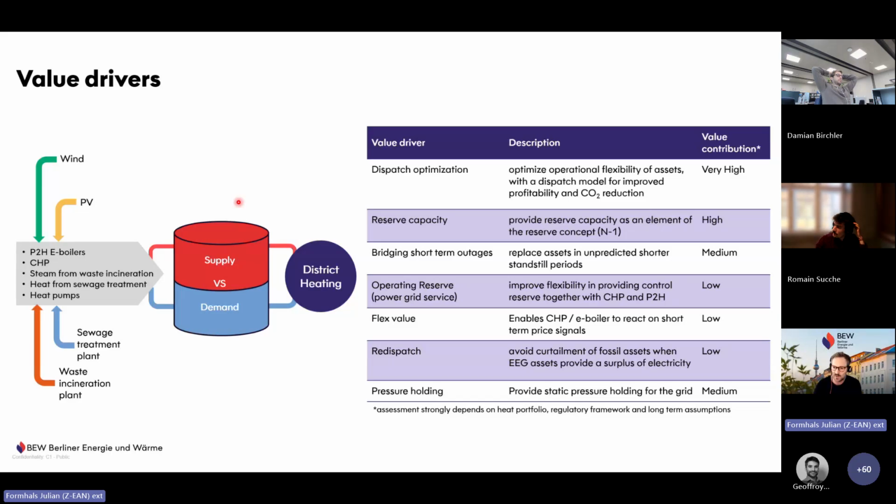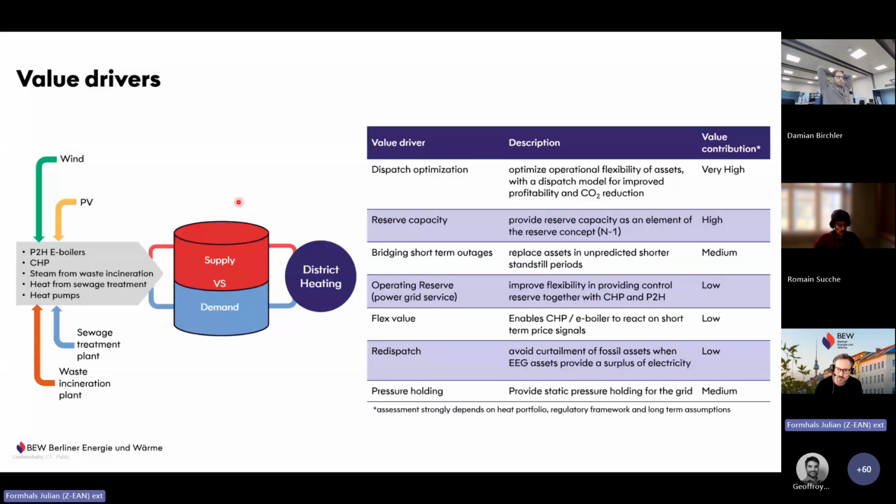Then as well, we can bridge short-term outages of some of these assets. Hopefully in the future, this will not be such a big value driver, but right now we have these very old coal power blocks. So sometimes you have some unpredicted standstill periods, and then you can use the storage to fill in for these short-term periods.